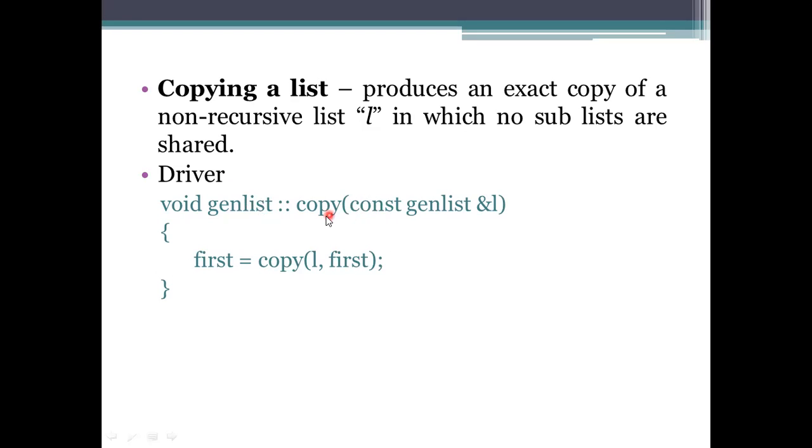In this creating a list, I am taking this copy method, which is using a generalized list, which has been created and it is being copied for this first one. So the first will consist of the elements you have taken from the L here. So that is a driver, which is placing a call copy.